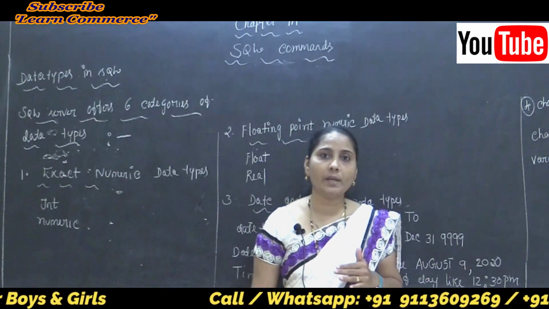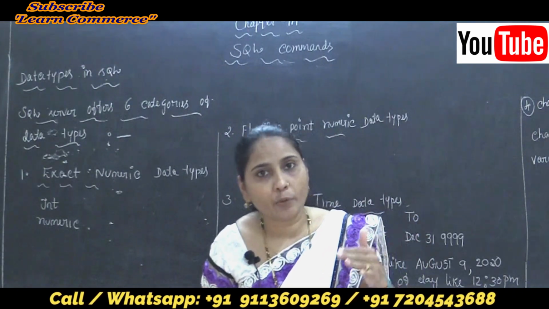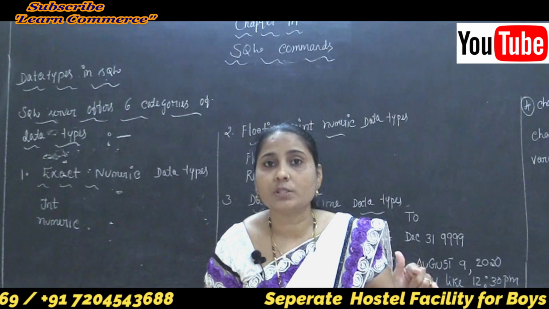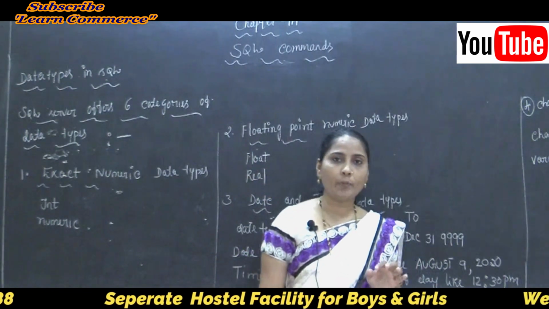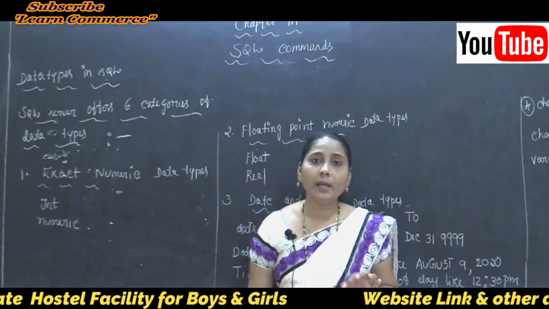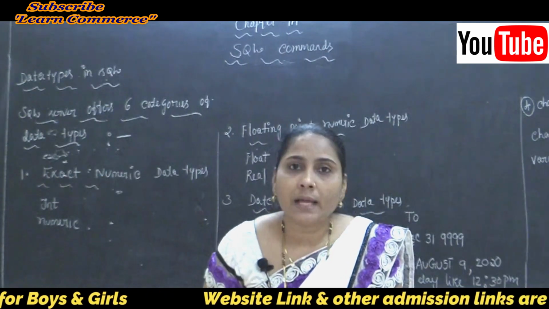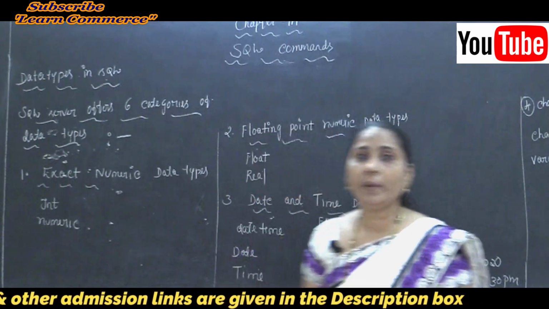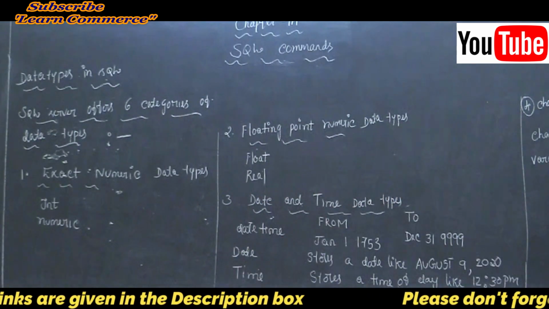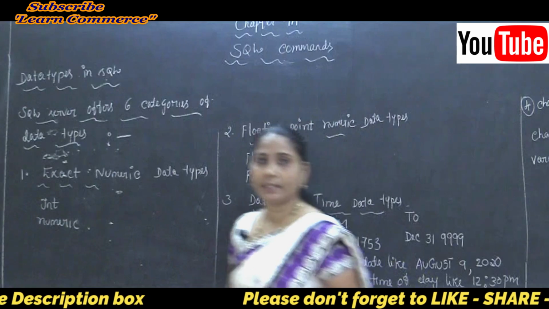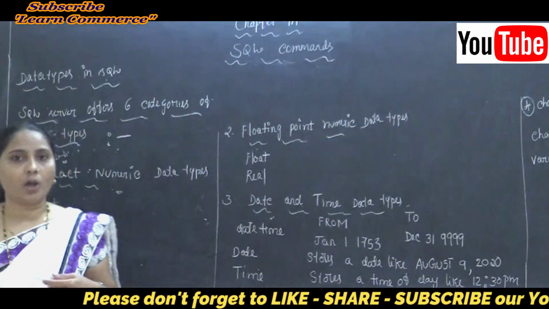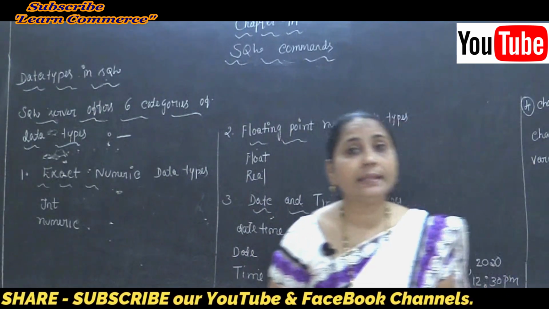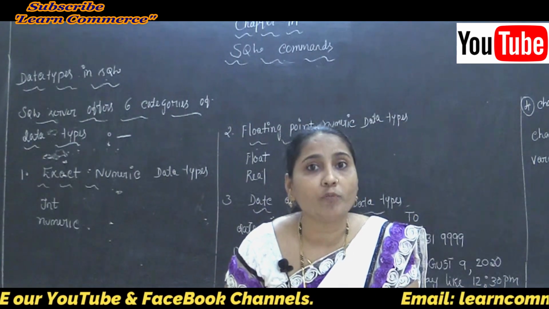Maybe the column is an integer, then the data type used is int. Clear this point here? Maybe in case you want to use a number, then the data type used is int, and maybe the column is a name, then the data type used is char or varchar, and maybe it is a floating point number, then float and real are the data types used in table columns.